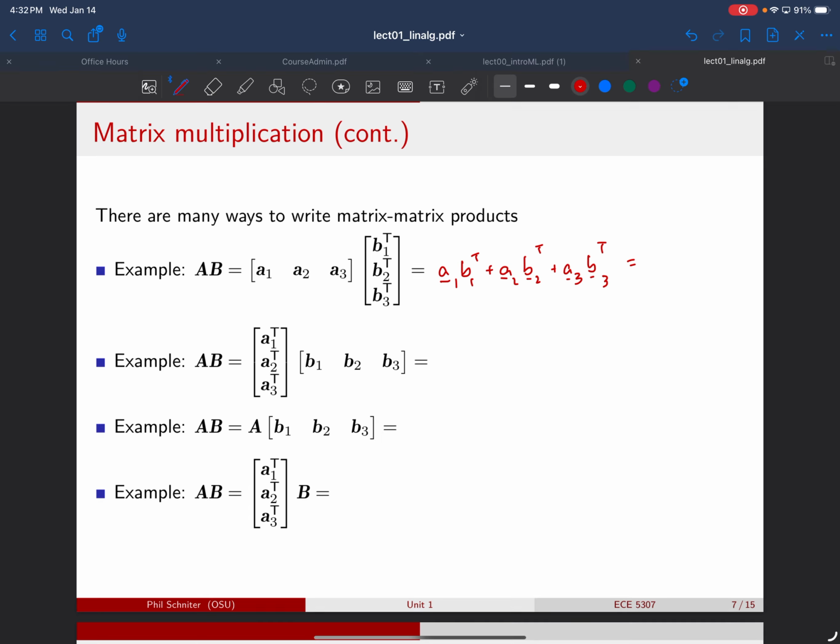And we like to write this often using a sum, so I could again, I'll just change it now. Let's say I want to use J. I'll say J goes from 1 to 3, AJ, BJ transpose. So is this thing that I'm getting going to be a scalar, a row vector, a column vector, or a matrix? What do you think?